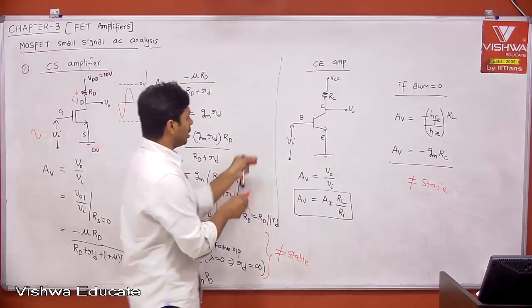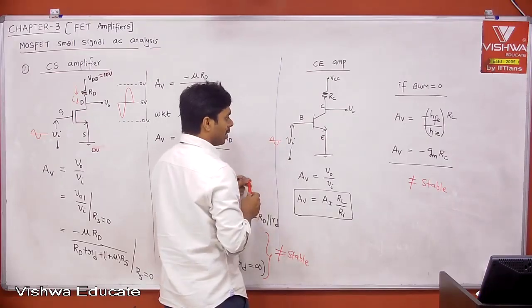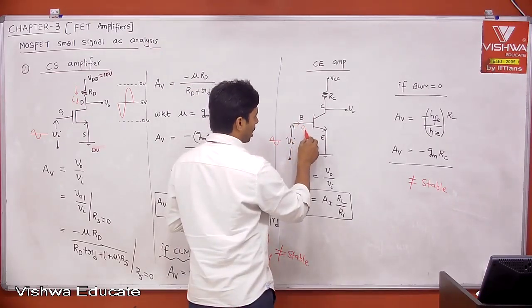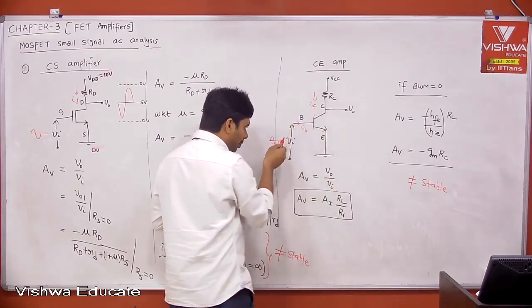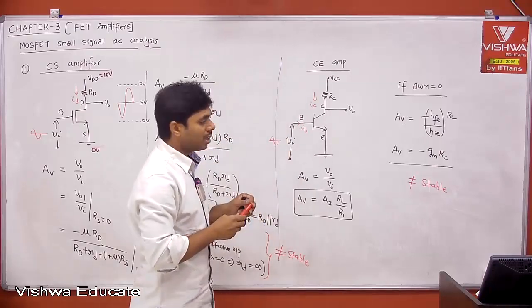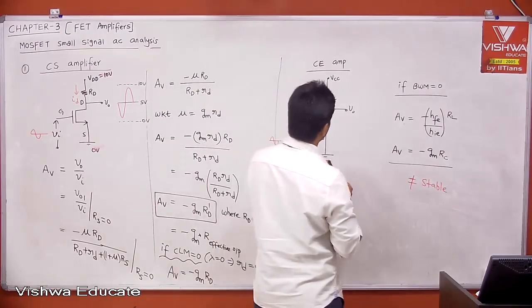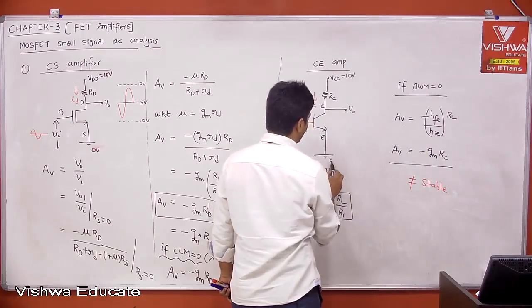But in the case of BJT, whatever signal you want to amplify, you are getting base current, and that base current is giving collector current. In BJT, IC does not come directly from VI; it comes from IB, and IB comes from VI. The output voltage is exactly the same. This is 10 volts and this is 0 volt.